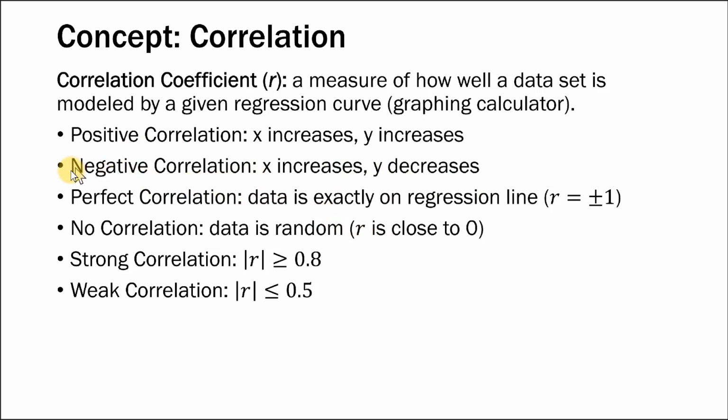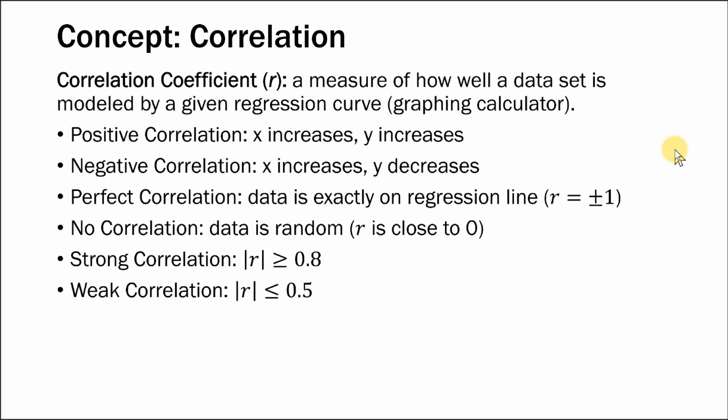If we have perfect correlation, then our r is going to equal positive or negative 1. And if we have no correlation at all, then our r value is going to be really, really close to 0. That just means that our data is really random, and it doesn't fit very well with whatever regression curve we're trying to use.